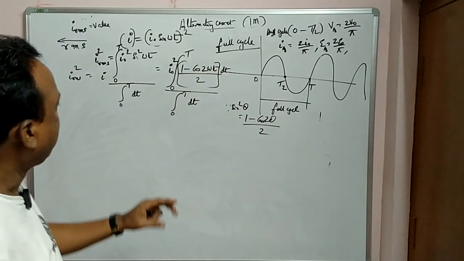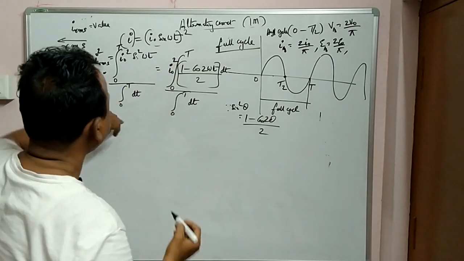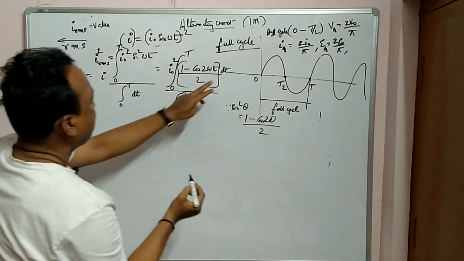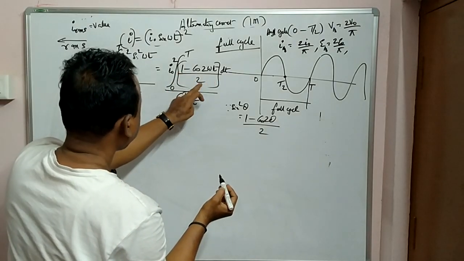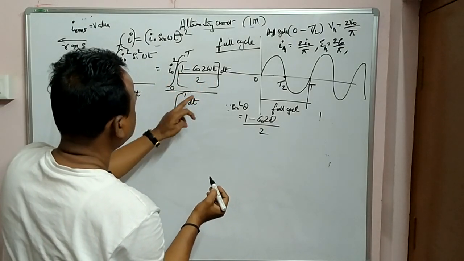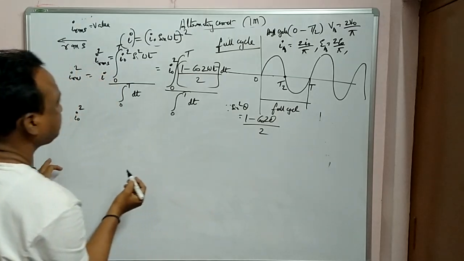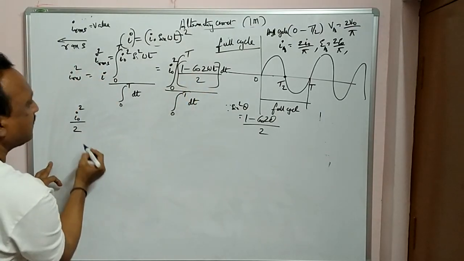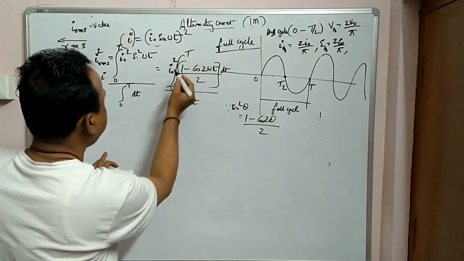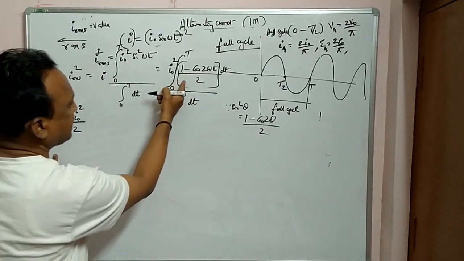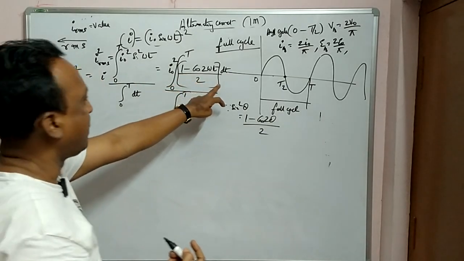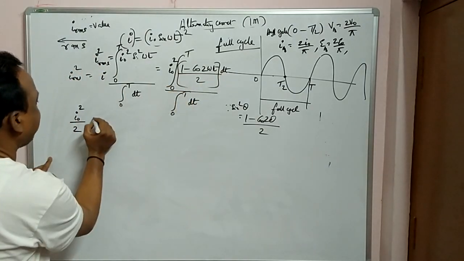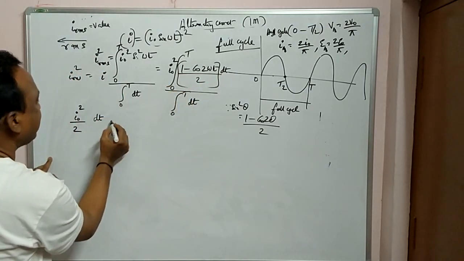Okay? Now I'll extend the derivation, I naught square. Here what I'll do, shall we take 2 outside? By 2, I'll take it outside. I brought 2 outside. What is left inside? We haven't done the integration yet, because you just changed the formula. You have to do integration. So first I brought 2 outside, and inside, 1 into dt.